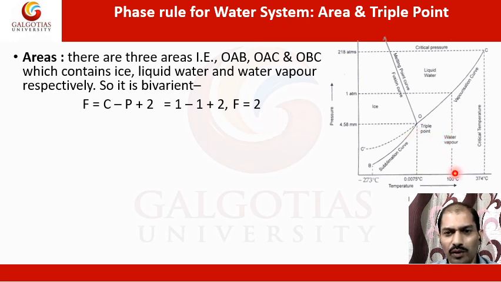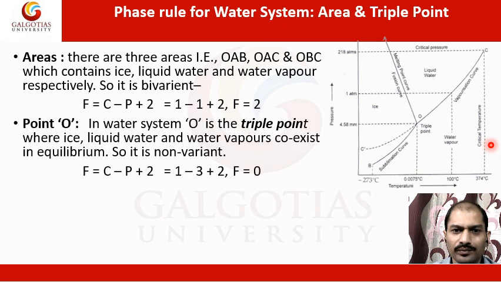So you have to keep in mind in which terms, either area terms or transition terms, like the fusion curve, vaporization curve or sublimation curve. Accordingly, this change will be seen during the course of calculation.